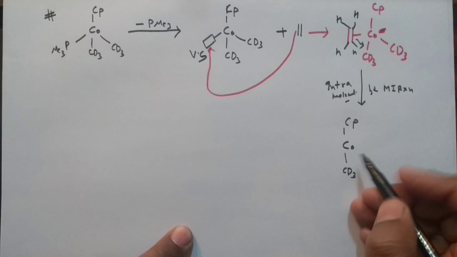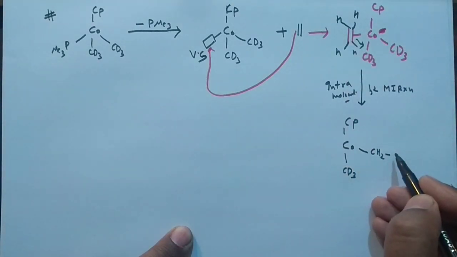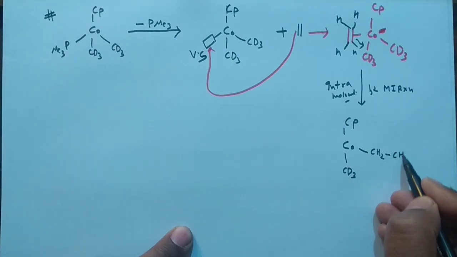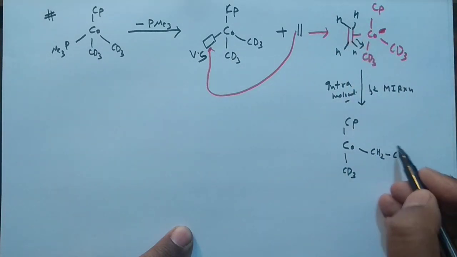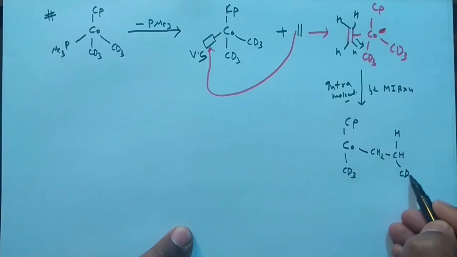Okay, so you will have this alkene, that means CH2 and another CH2, so I can write in that manner, and my CD3.